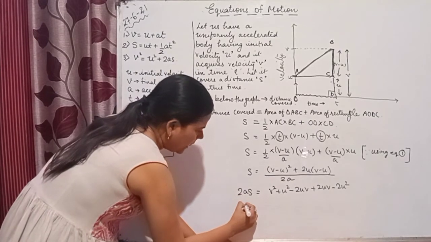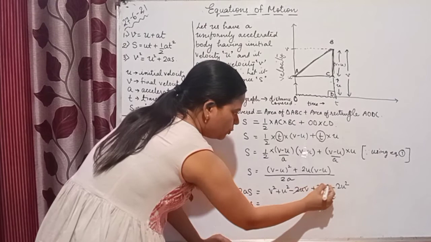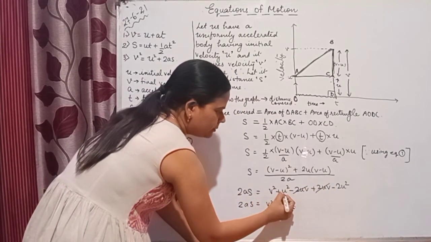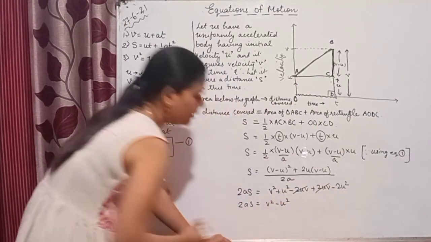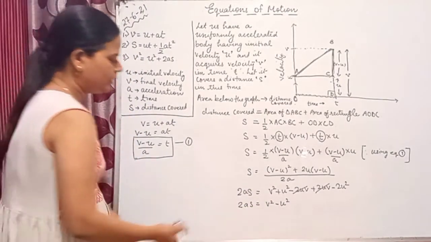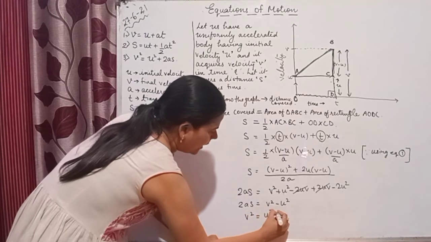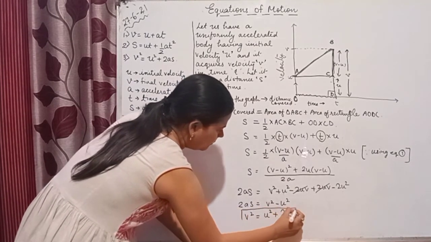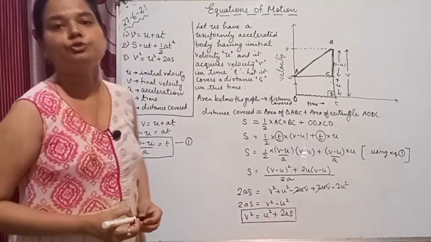Now 2AS will be equal to V square plus U square minus 2U square, as 2UV and minus 2UV cancel. That is minus U square. Now if you shift minus U square to the other side, you get V square is equal to U square plus 2AS. This is the third equation of motion.